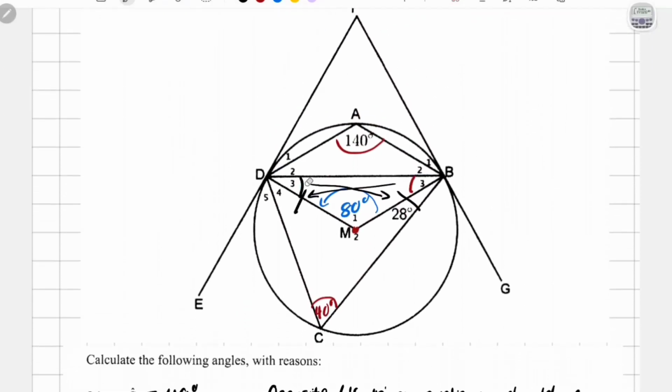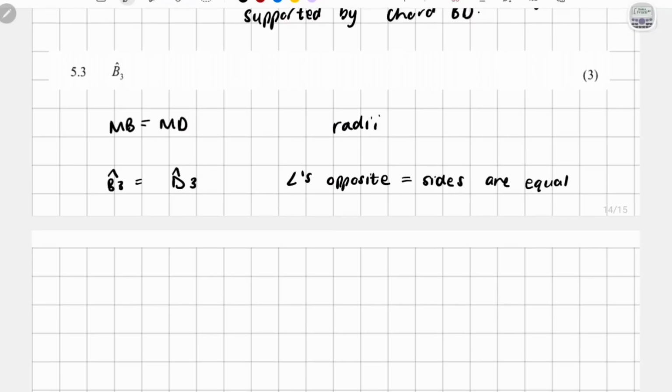Now that we have that down, look at what we can do. We know these two angles are equal in this triangle, and in this triangle we also have the angle M1, which is 80 degrees. Now we can use the sum of interior angles in the triangle: angle M1 plus angle B3 plus angle D3 is equal to 180 degrees. For M1, I'm just going to say 80 degrees because I know its size already.